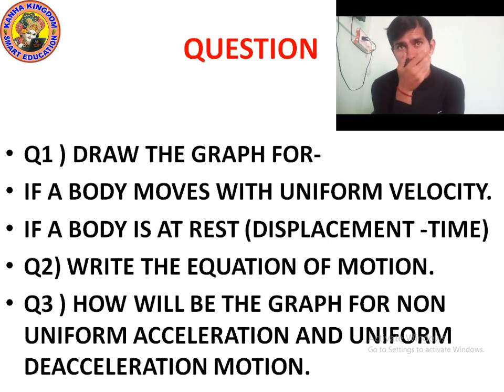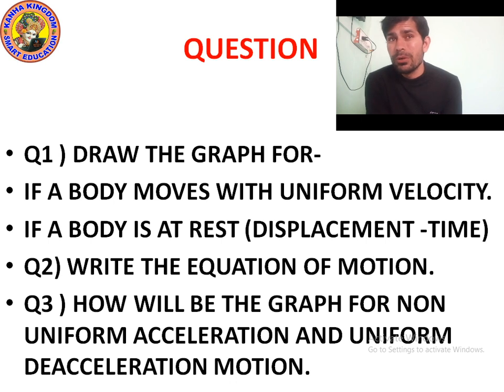In that graph, at 5 seconds the velocity was 20 kilometer per hour, and after 15 seconds the velocity was still 20 kilometer per hour. So velocity was the same. That's why when we join points A and B, a straight line forms through 20 kilometer per hour.